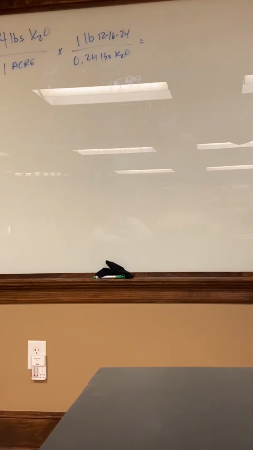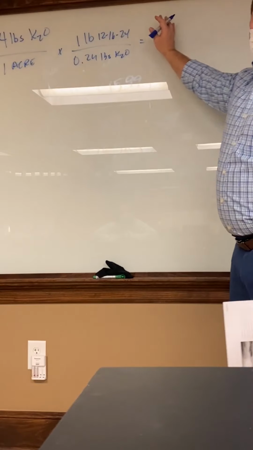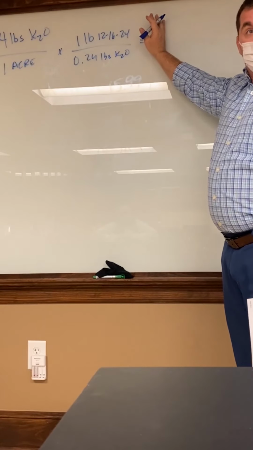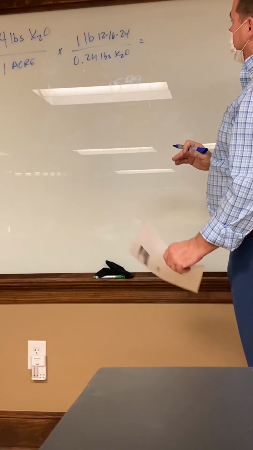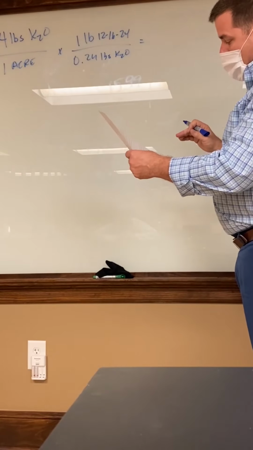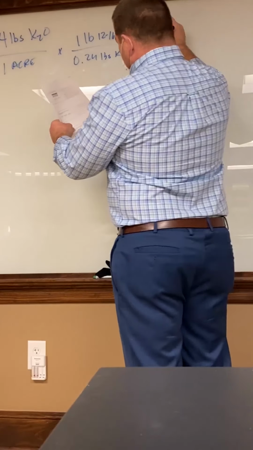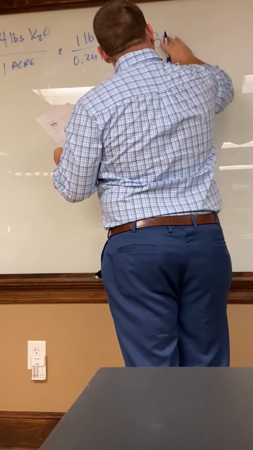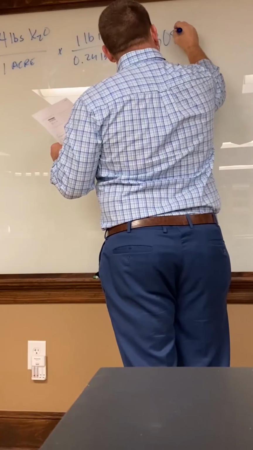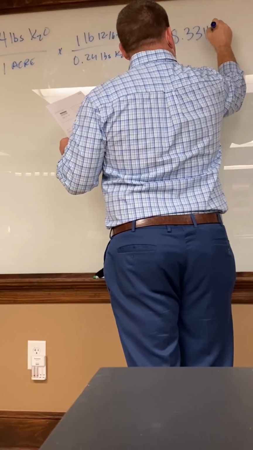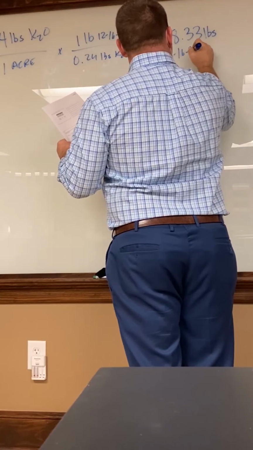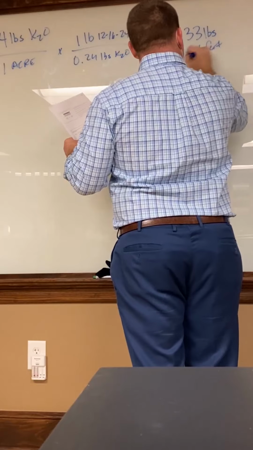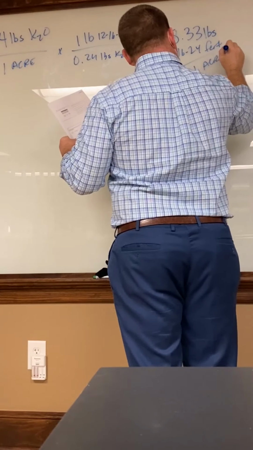The question is actually asking you how much elemental P was applied. But first what we have to do is figure out how much fertilizer we actually applied so that we can get back to how much elemental P was applied. So 74 divided by 0.24 is 308 pounds of 12-16-24 fertilizer in our 1 acre yard.